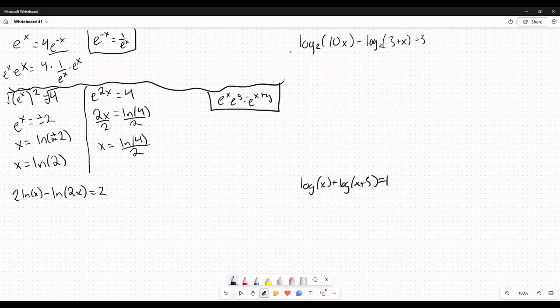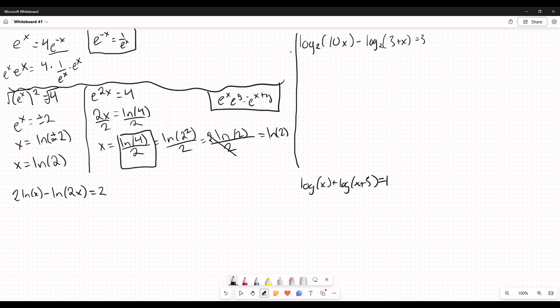If you really wanted to see why, you could use the fact that this is natural log of 2 squared over 2. Which is 2 times natural log of 2 over 2. The 2's cancel. It's the natural log of 2. But this answer, for my purposes, is just fine. So either of these would be a correct approach to answer that problem.